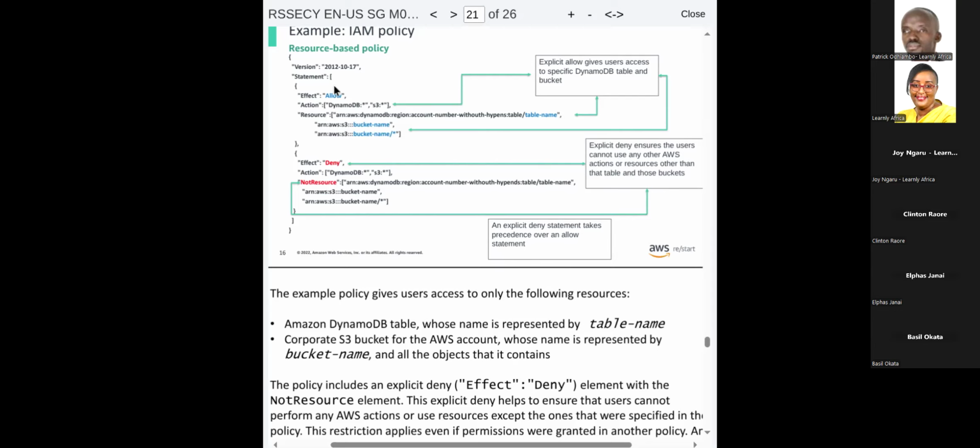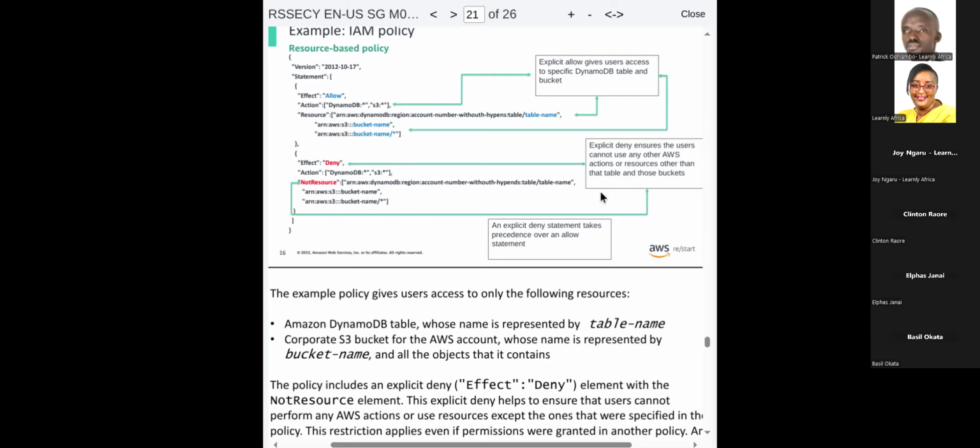So you see, the very first time users had been given access to the DynamoDB table, and they were also given access to this S3 bucket. But after it, there's an explicit deny, and it's saying NotResource.